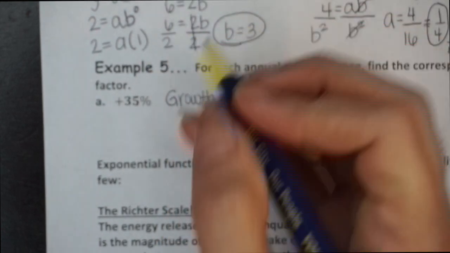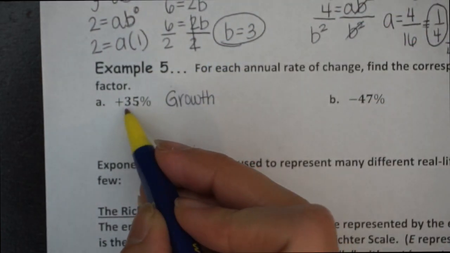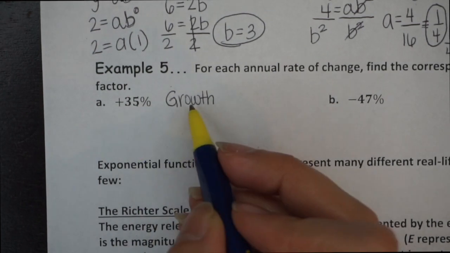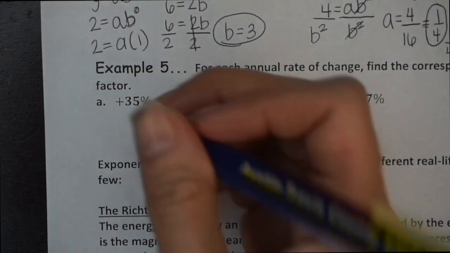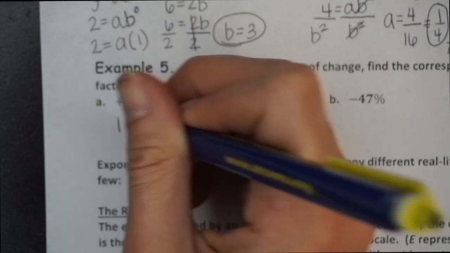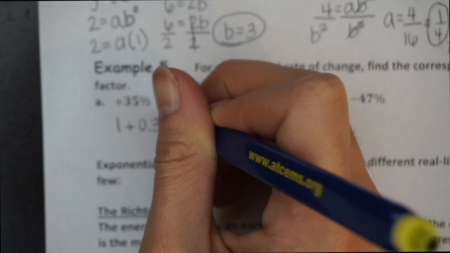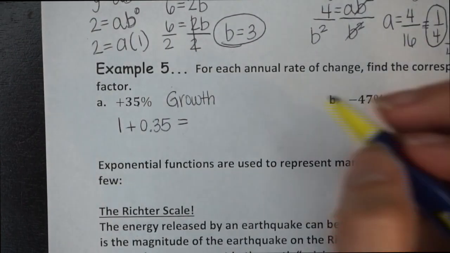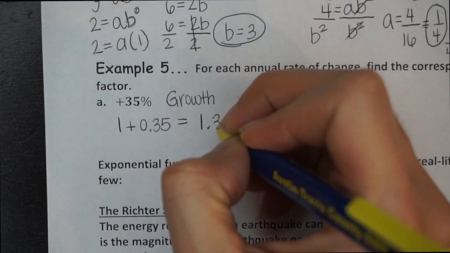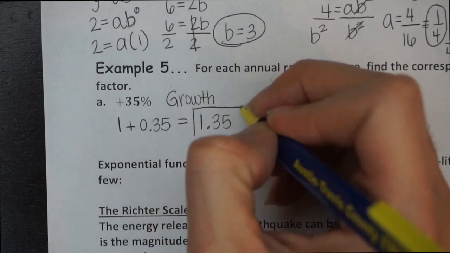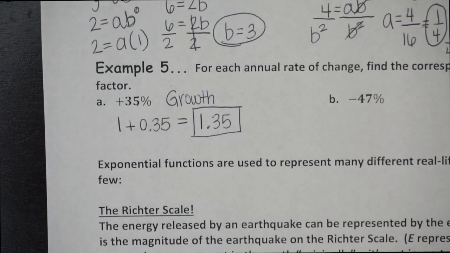To find the growth factor, remember your percentage needs to be a decimal, and your growth factor is going to be greater than 1. So we're going to do 1 plus 35%, which is 0.35, which would give you a growth factor of 1.35. All right, that's all you have to do for that kind of problem.